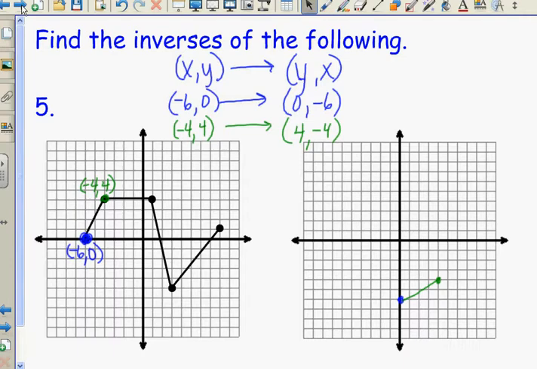Then, let's see, my next point is 1, 4. So I know that 1, 4 is going to become 4, 1. So here is my next spot, right? Let's see, I need a new color.